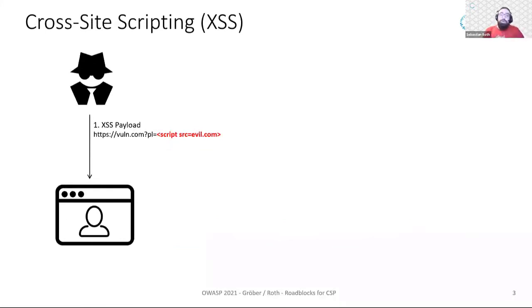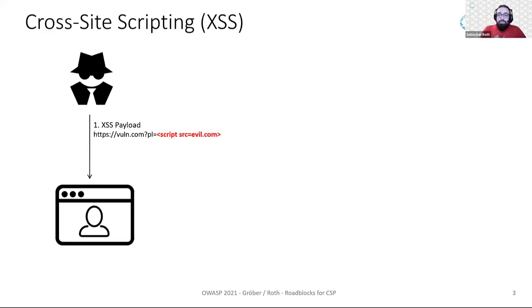Well, one of the most prevalent security vulnerabilities in websites is cross-site scripting. To perform such an attack, an attacker lures a victim's browser to execute malicious JavaScript. In the example here, you can see that the victim's browser is lured into issuing a GET request to a vulnerable service, and this request contains a script tag that loads a malicious script.